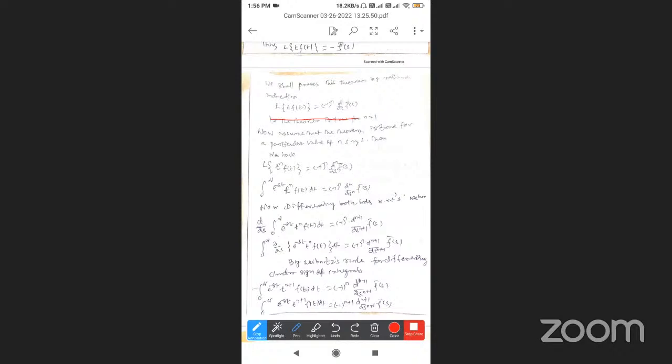That is, the theorem is true for n is equal to 1. So the theorem is true for n is equal to 1.